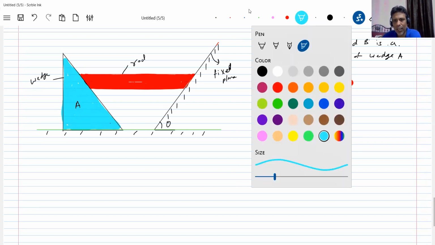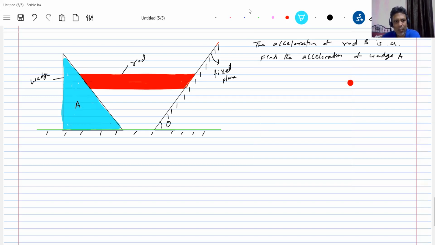Some students just want to follow the routine method. He didn't give the mass of the rod or the mass of the wedge. He has only given the acceleration of the rod and is asking the acceleration of the wedge.